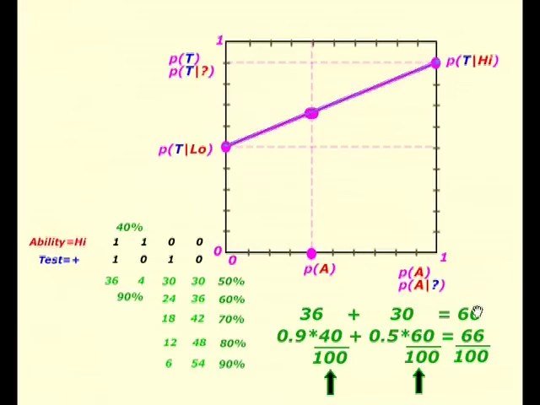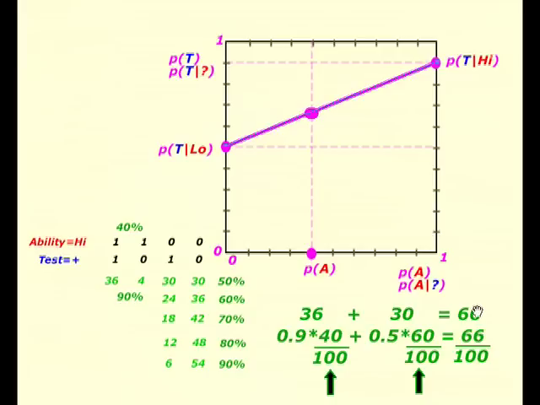Now remember, all we've done so far is, at the very beginning, I talked about what our prior probabilities are. We don't know about the ability, 40, 60. And then I said, well, what about test scores? What's the relationship between test scores and ability? And we thought, if you've got good ability, you've got a high chance of getting a good test score, 0.9. If you've got low ability, a lower chance, 0.5.